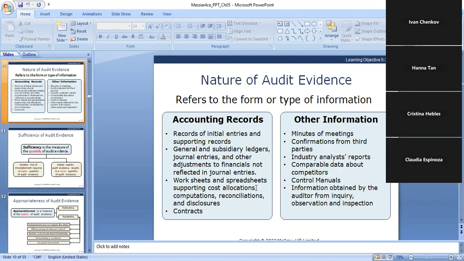Nature of evidence. From where are we going to get it? We're going to get it from the accounting records and anything else. What will be the accounting records? We're going to have initial records, entries, supporting records, general ledger, sub-ledgers, any journal entry, worksheets, spreadsheets, supporting cost allocation, calculation of the prepaid expenses, amortization tables, the accrual accounts, where they are coming from and how.